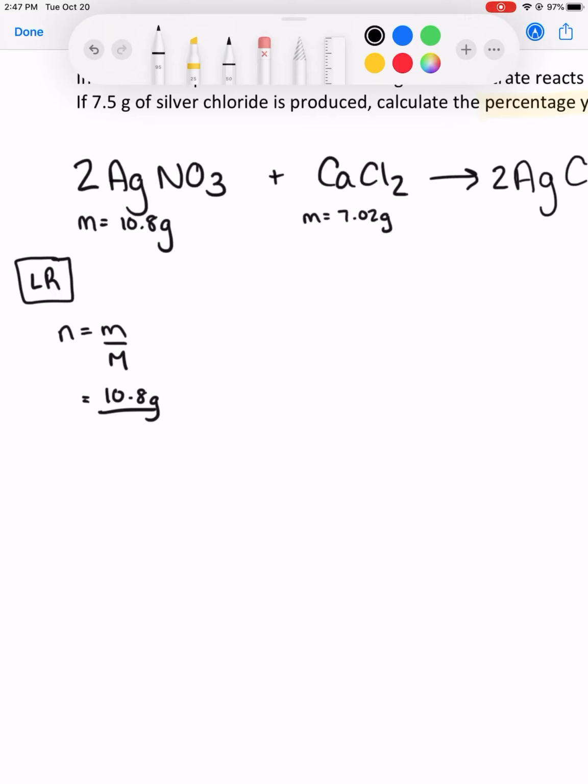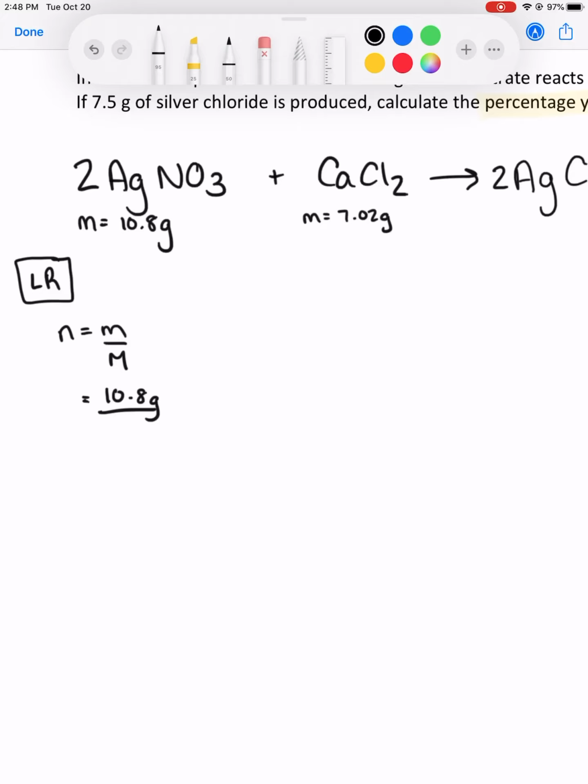Again, you guys can write this down. You can do it on the side of the piece of paper. Just don't make it too messy so I can still read what you're doing. I'm just looking for a periodic table. Look, wasn't prepared. There we go. Okay, so Ag is 107.87. Nitrogen is 14.01. And oxygen is 3 times 16.